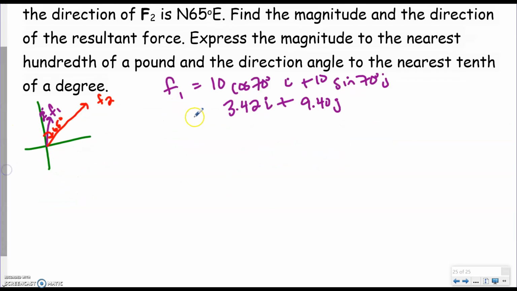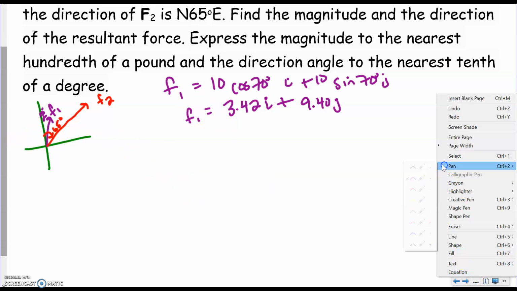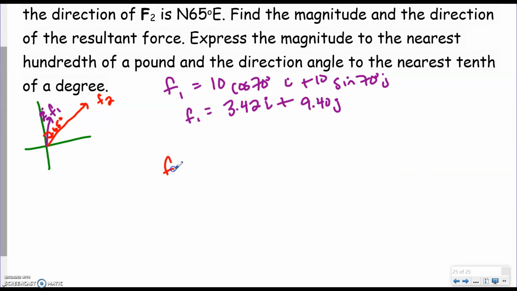Okay, so this is the vector for our first force acting upon the object. For F2, we're going to do the same thing, but our magnitude and our angle are a little different. So our magnitude is 30 for this one. And then again, we're going from our x-axis to the angle, so it's not 65 degrees.